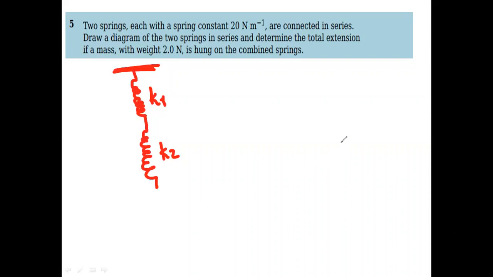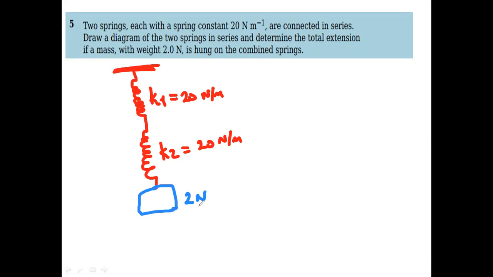And both of them have a spring constant of 20 Newton per meter. K1 is equal to 20 Newton per meter. K2 is also the same, 20 Newton per meter. And the question is saying that if we put a 2 Newton force, a 2 Newton mass, at the end of these two springs, like this, we should find the total extension of the springs.